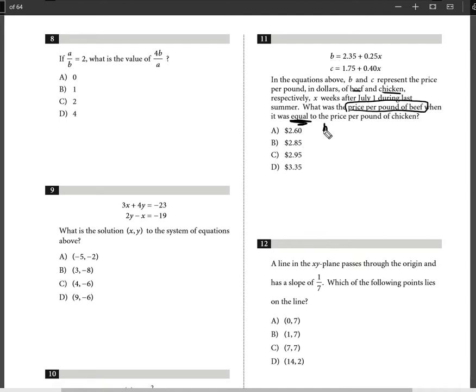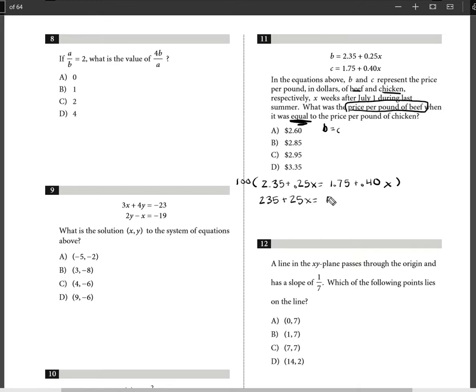That means B equals C, which means you can set these equations equal to each other. So you have 2.35 plus 0.25x is equal to 1.75 plus 0.40x. Now, just a little step, you do not have to do this. I like to multiply both sides by 100. What that does is it gets rid of the decimals.